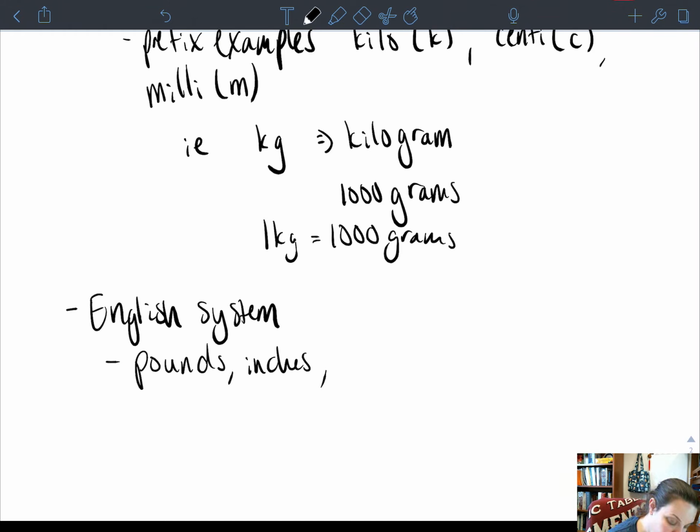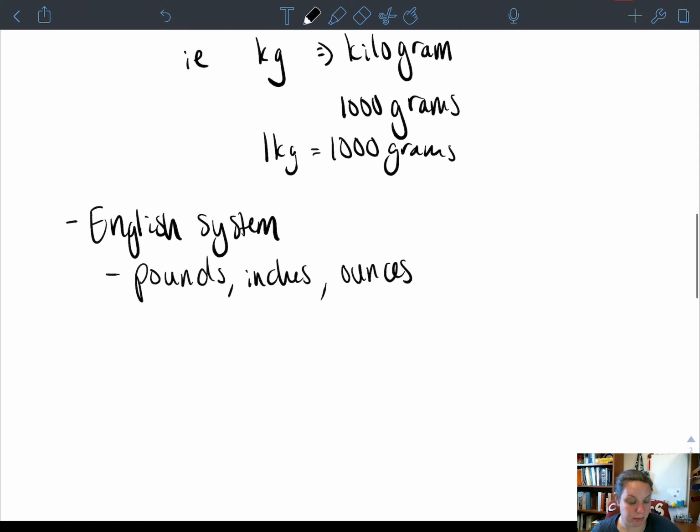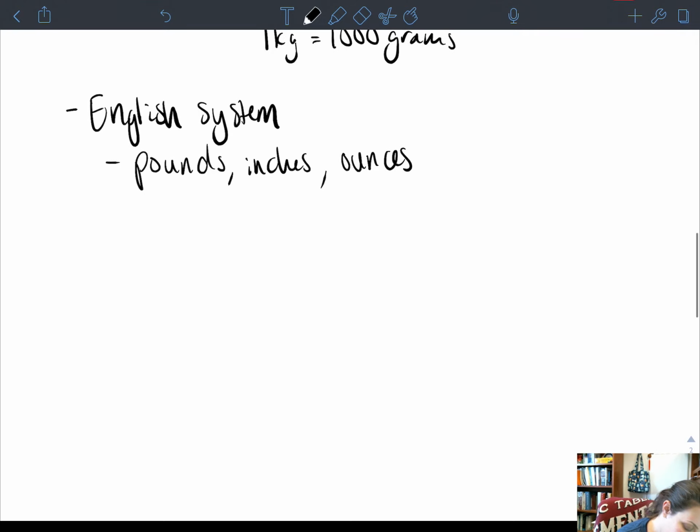We can use volume, ounces. So lots of things we can use within the English system that are going to be different. And one of the things we're going to be doing in this particular lecture is converting between the English system and the metric system. So if we say something like, I have 1 pound of iron, we want to know how many grams is that.